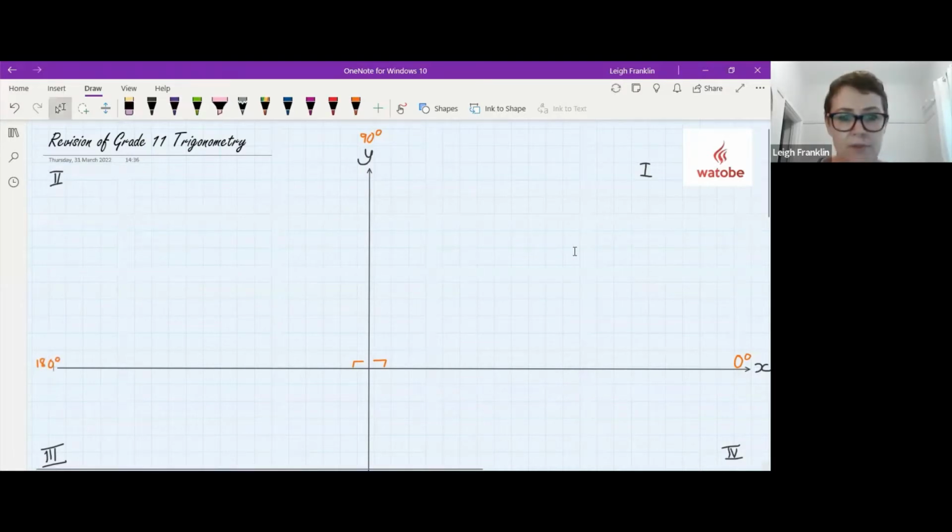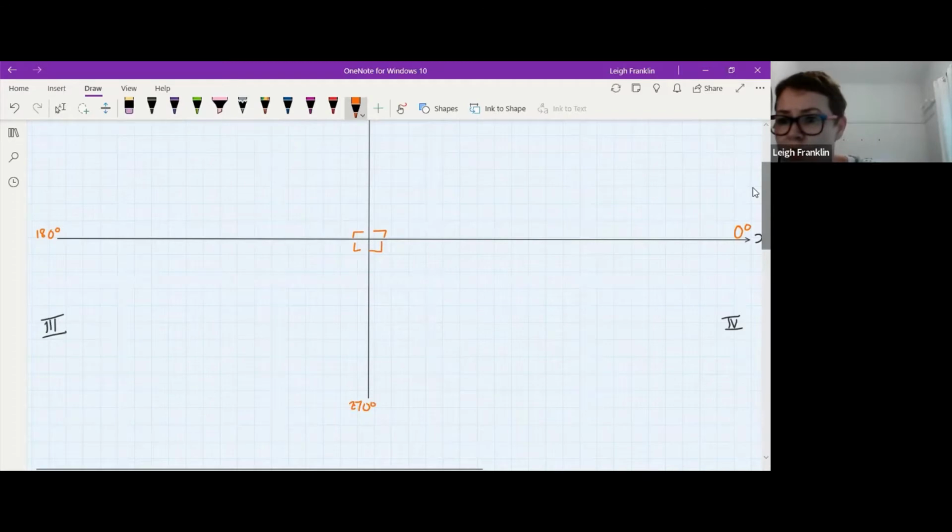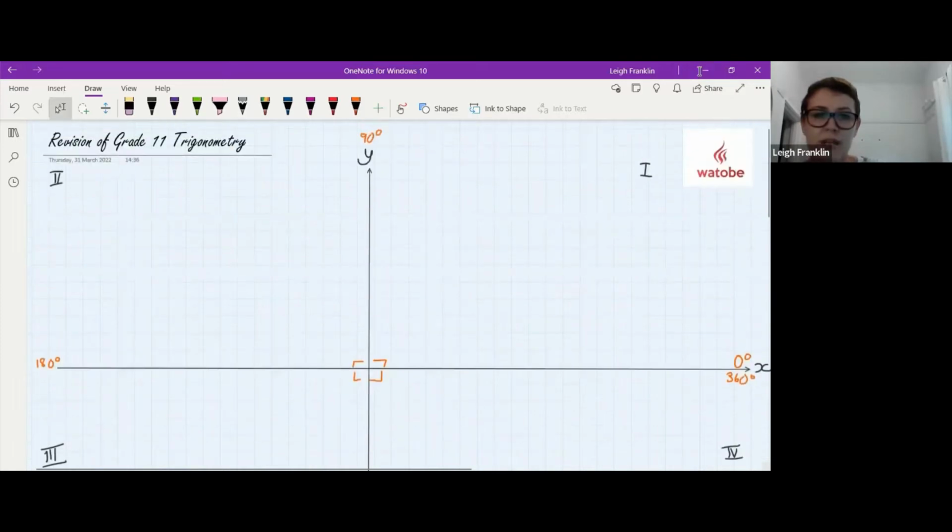This ends up here being 270 degrees because we've added another 90. And then over here, we end up back where we started, which is at 0 degrees or 360. In other words, we have done a full circle.